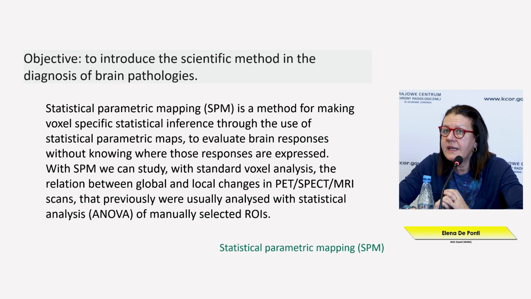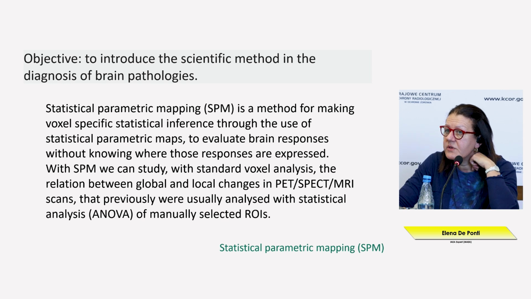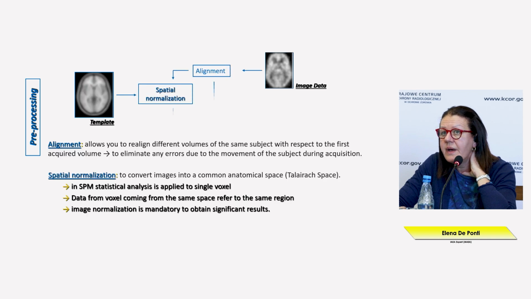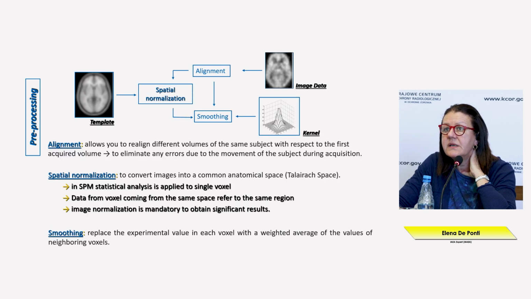Another technique to bring some quantitative evaluation in the brain field of application is statistical parametric mapping, the SPM, that is commonly used in different modalities, in PET, in SPECT, in MRI, and it is based on different parts.